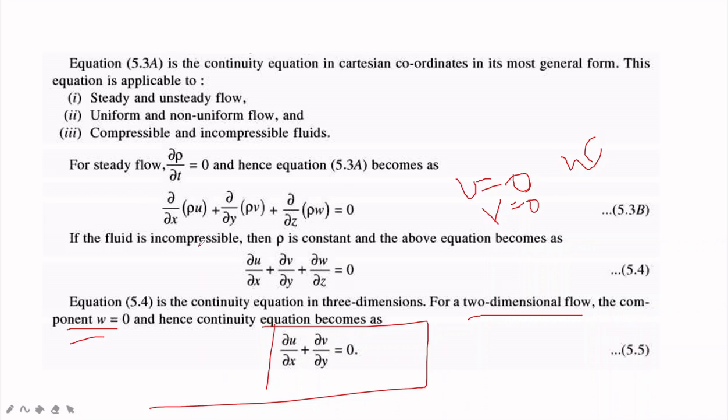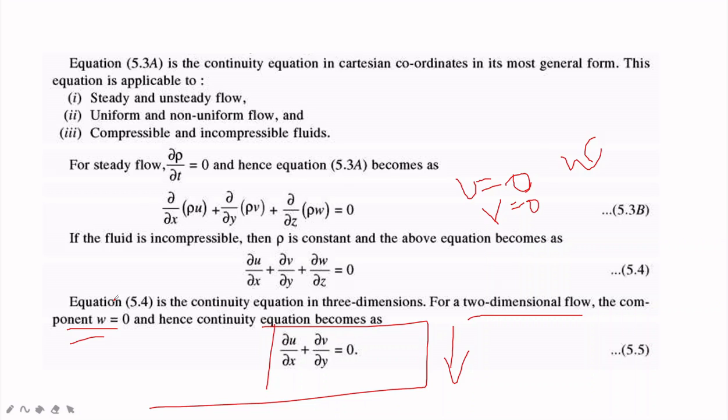So this continuity equation in 3 dimensions can be reduced to 2 dimensions by converting one of the velocity components to 0. So the 2-dimensional equation is ∂u/∂x + ∂v/∂y = 0. Once you write it and read it again, you will understand. So this was about the continuity equation in 3 dimensions.